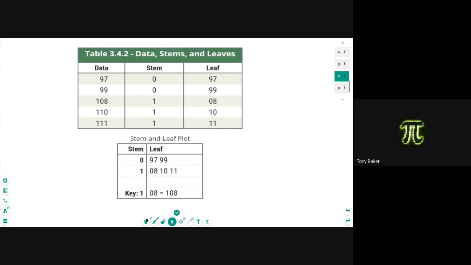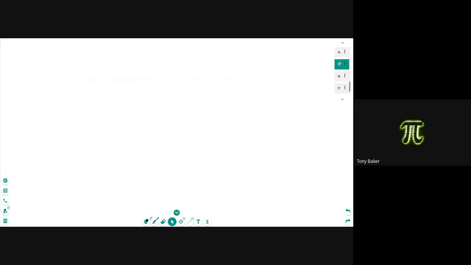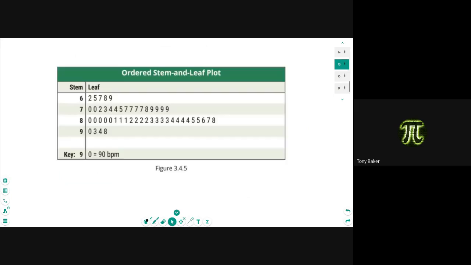Remember, my stem is always the first digit. So in this case, I got the 0 and the 1. And my leaves are a little bigger. You can have, for example, in this one, the stem be 10 and the leaf be 9. That would be 109. That is possible as well.